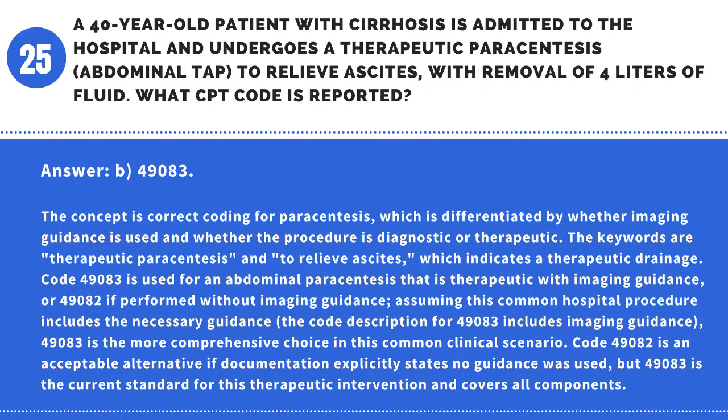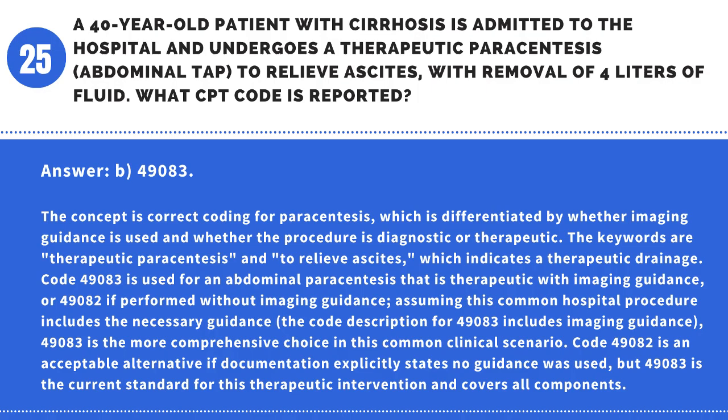49,083. The concept is correct coding for paracentesis, which is differentiated by whether imaging guidance is used and whether the procedure is diagnostic or therapeutic. The keywords are therapeutic paracentesis and to relieve ascites, which indicates a therapeutic drainage. Code 49083 is used for an abdominal paracentesis that is therapeutic with imaging guidance, or 49082 if performed without imaging guidance.